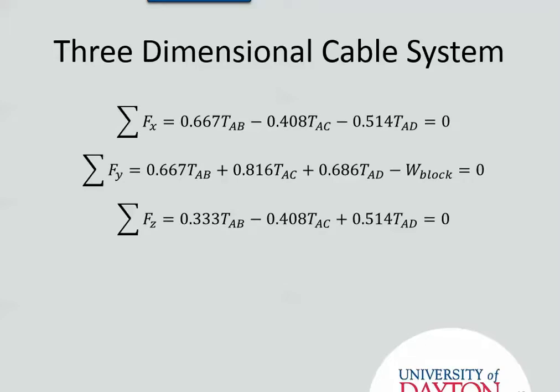And our B vector always has one column and then multiple rows. So our B vector for this problem is 0, 981, which is the weight of our block, and then 0. So how do we know how many rows are in the B vector? What does that correspond to? The number of equations that we have. So we have 3 rows because we have 3 equations.